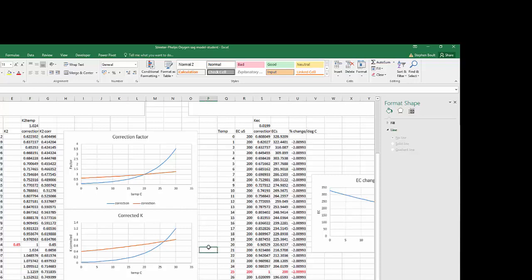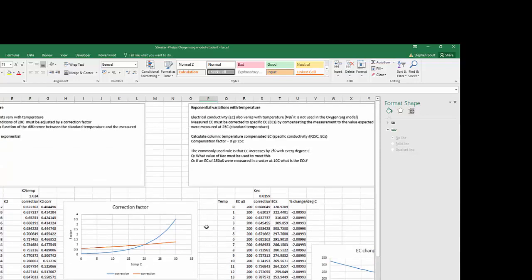You can note over here that the same kind of correction is operating for variations of electrical conductivity with temperature. We don't use that in the oxygen SAG model, but it's a standard parameter of water quality, and many other temperature corrections follow this exponential. We pointed out that for the oxygen it's a more complicated line to fit than just a straight exponential.